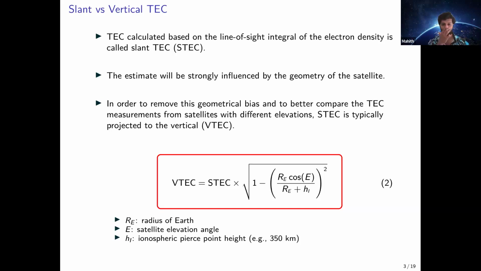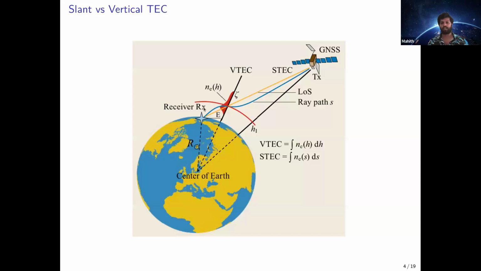And question 2 here gives you how to convert from slant TEC to vertical TEC. It's a simple conversion factor where you have the radius of Earth, the sine of the elevation angle of the satellite, and a term h sub I, the ionospheric pierce point, which is simply the altitude where you assume the entire ionosphere to be located.